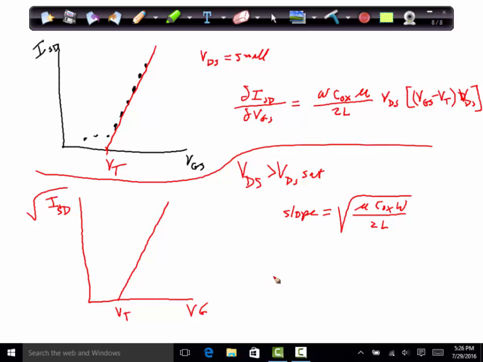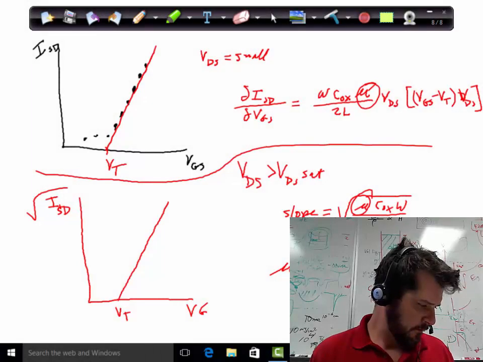Now, you'll notice that in either case, above or below saturation, most of these parameters are geometric, and the mobility is the one that is most sensitive to material quality, and so either of these can be used to find the channel mobility in either below or above saturation.